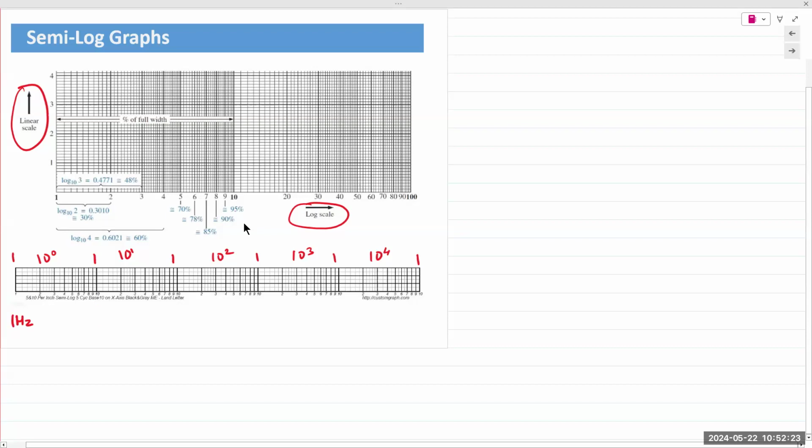But this time the multiplier is 10 raised to 1. So 1 into 10 raised to 1 gives me 10 hertz. And then it becomes 2 into 10 raised to 1.